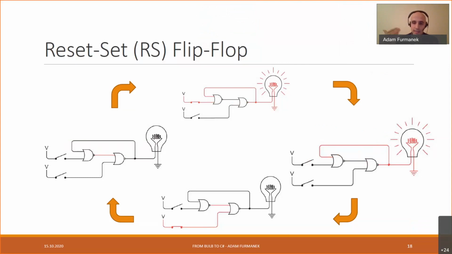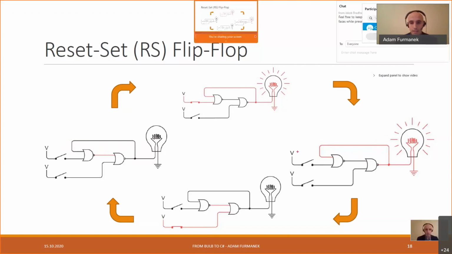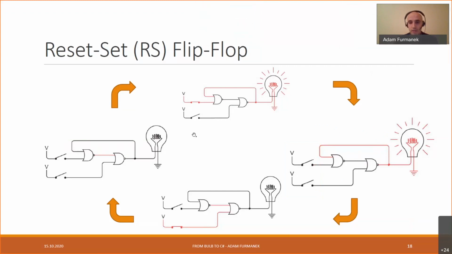So it remains emitting the light, and this is effectively that the bit remains being set. It is still turned on, even though we returned the circuit to the original state when it comes to the inputs. So this is how the set bit works.